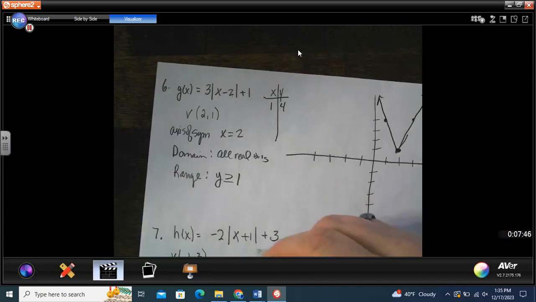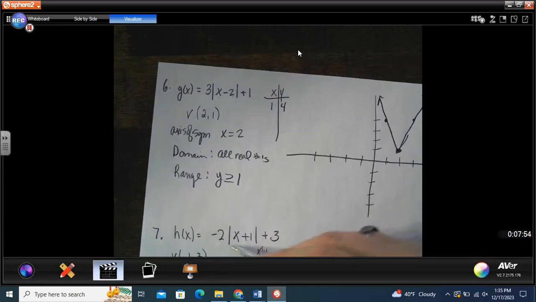Let's see, what do I want to plug in? I want to plug in 0 and get, let's see, 1, -2 plus 3 is 1. And I can use my axis of symmetry to get that point.